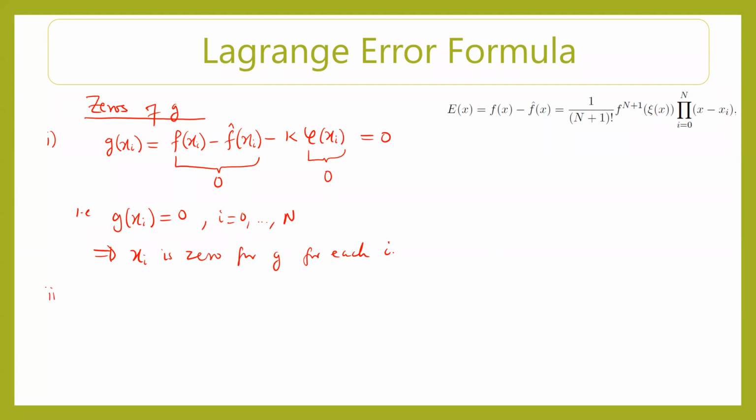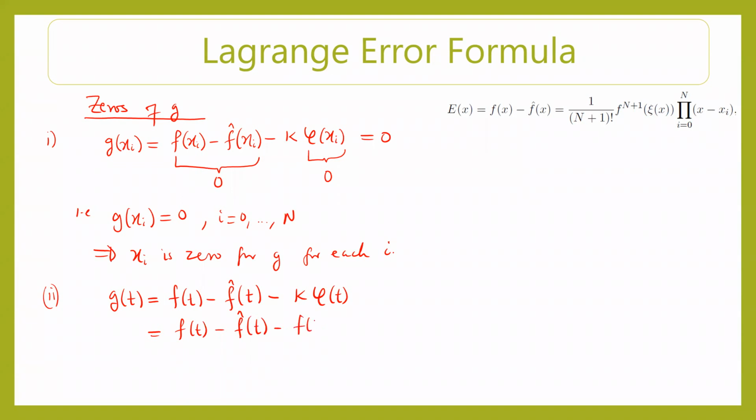But before I go into that, let's look at another one that could be possibly 0. Let's put in t. G of t is f of t minus f hat of t minus k phi of t. So let's evaluate this. Who was k?